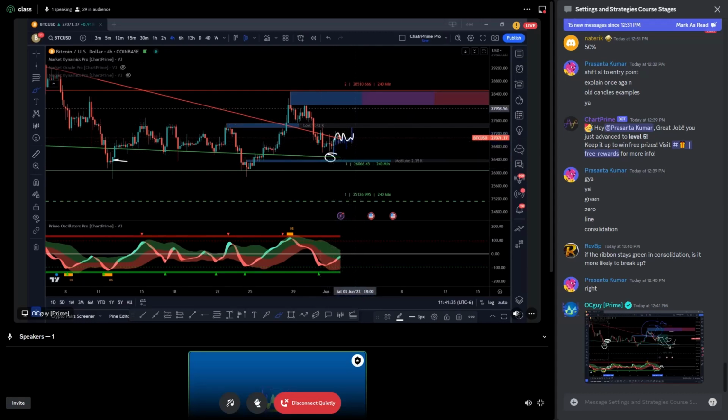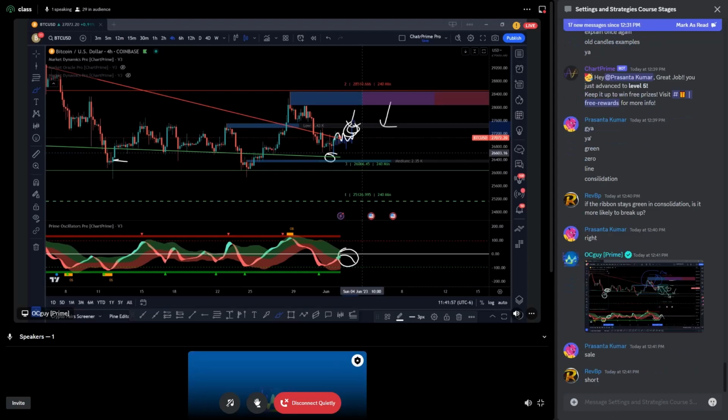And this is what I'm expecting to see this week, impacting against this order block, but also to have a flip of the ribbon. If I have a flip of the ribbon at resistance, what am I going to be doing, Presenta? Sell. Opening a short. Correct.